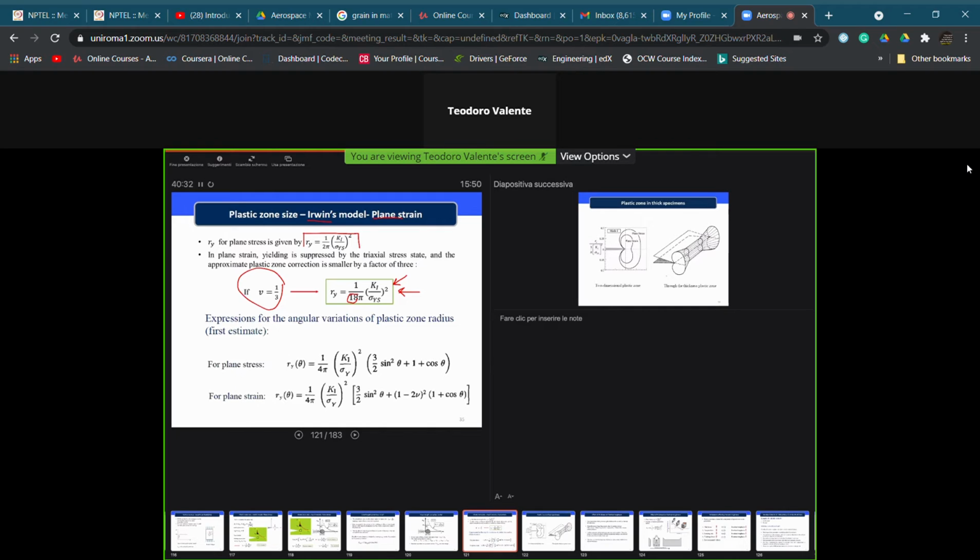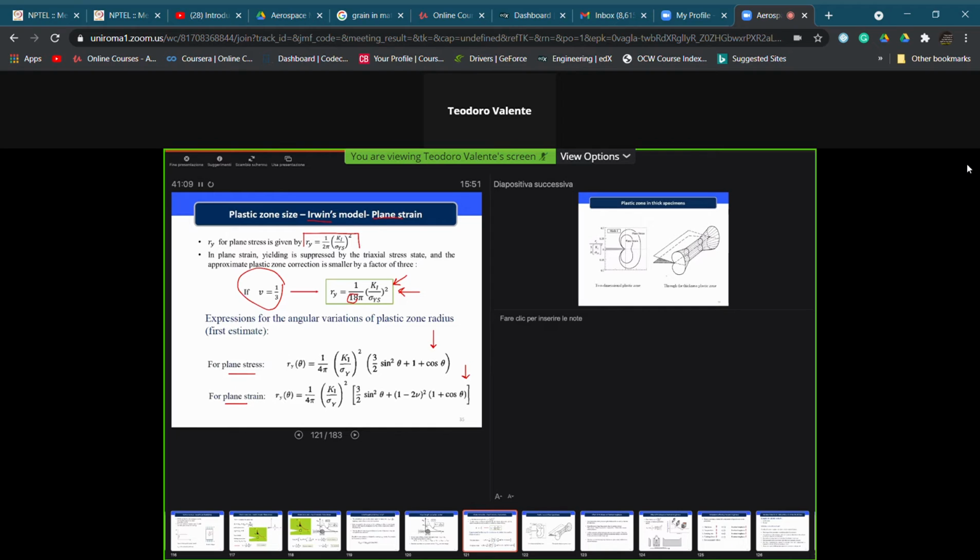It is also possible to make evaluations in these terms for the angular variation of the plastic zone radius, that is, introducing polar coordinates. In this case, for plane stress, this expression can be derived. For plane strain, this expression can be derived. But in all these cases, plane strain or plane stress, the general concept is that we have simple equations available which allow us to estimate the radius of the plasticity zone.